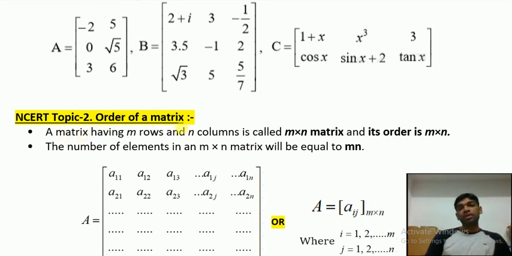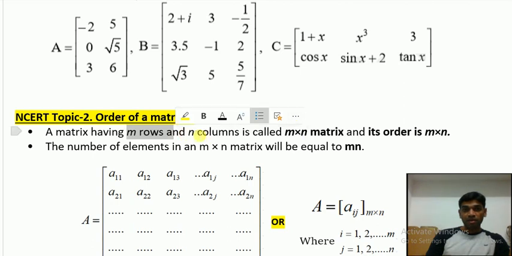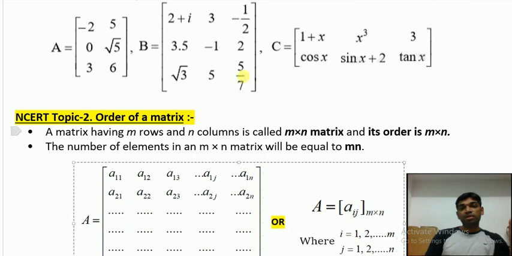So this is the order of a matrix. What exactly is the order of a matrix? A matrix having m rows and n columns is called an m cross n matrix, and this m cross n is called the order. Now what are m and n? As you can see, m is the number of rows and n is the number of columns.